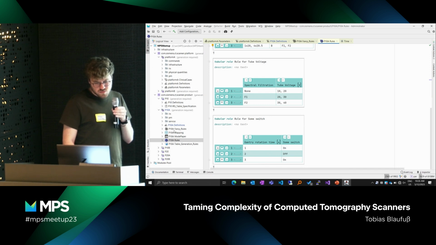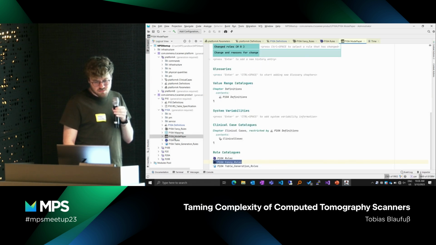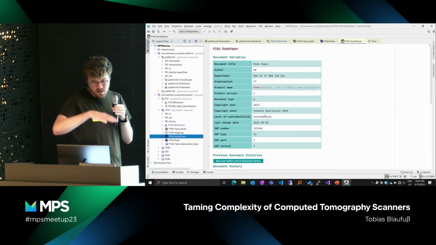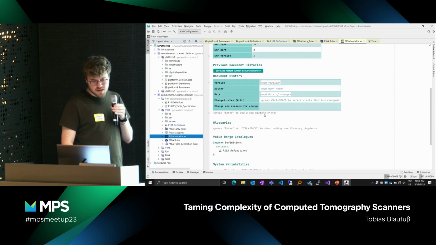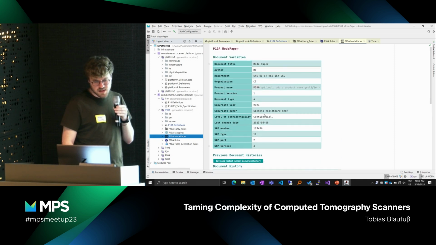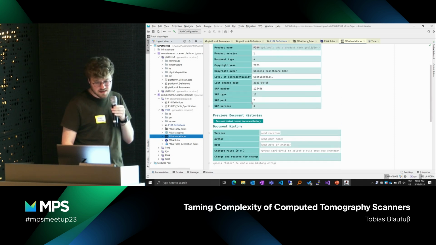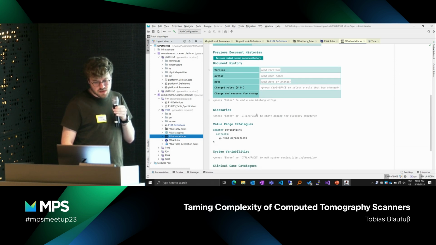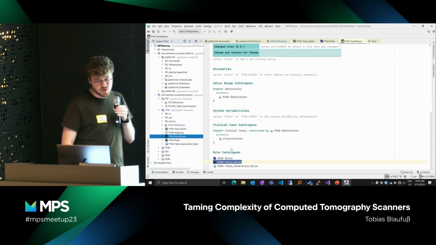Then you can also export it, because, as I said, Word is necessary in our domain. So we can glue these inputs together into this specification node here. You have some metadata and a document history, and here you can include your rules.